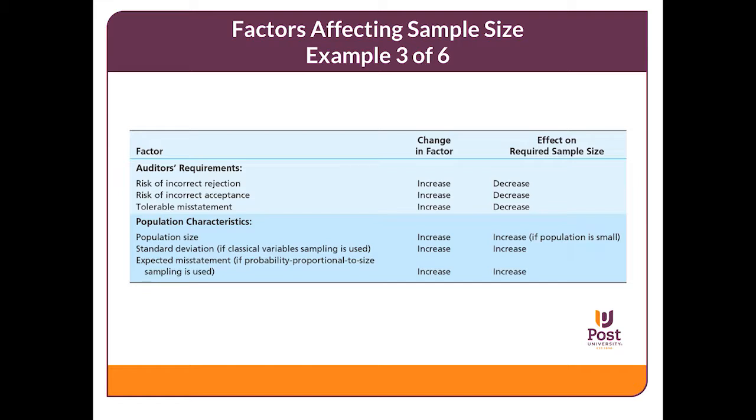An increase in the population size increases the sample size when the population is small. An increase in the standard deviation increases the sample size. An increase in the expected misstatement increases the sample size. This one is actually for probability proportional to size sampling, which we don't go over in this class, although it is covered in the textbook.